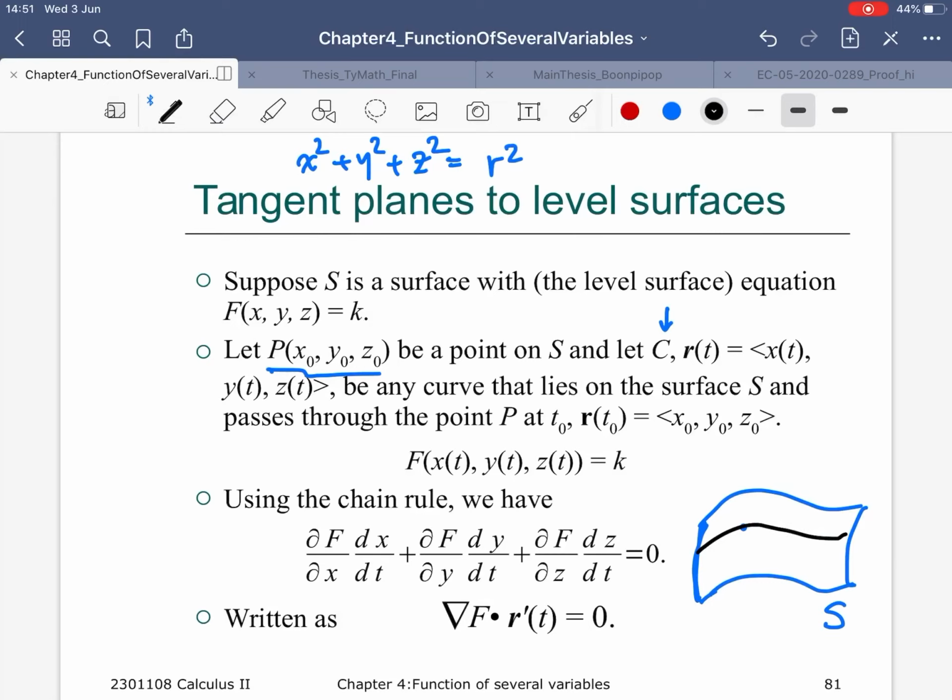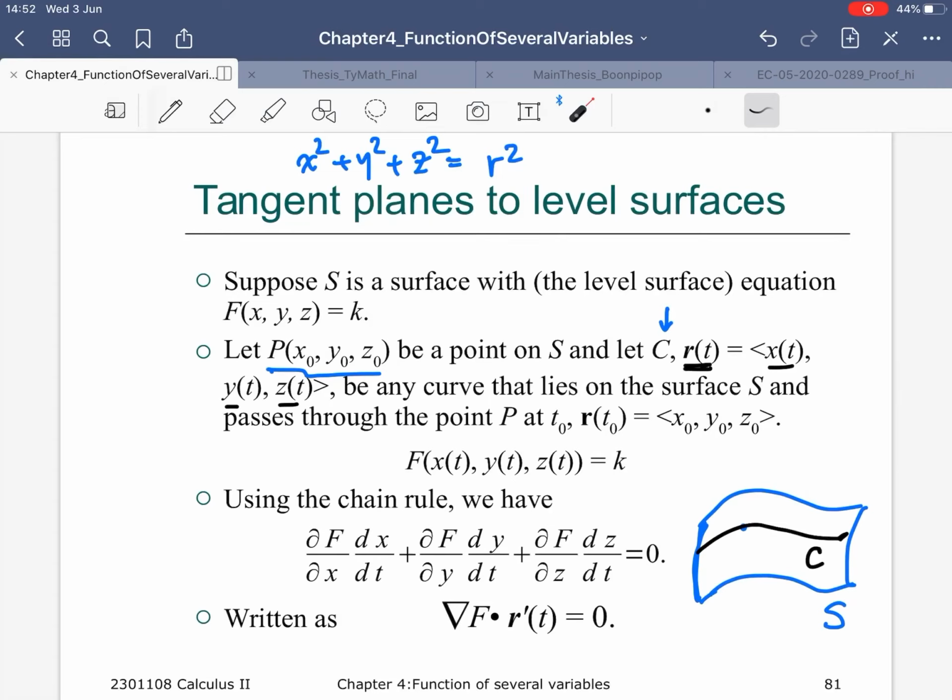For the curve C, of course, it can be represented by the vector function r(t), which is x(t), y(t), z(t), all the three-dimensional coordinates on this curve along the surface.